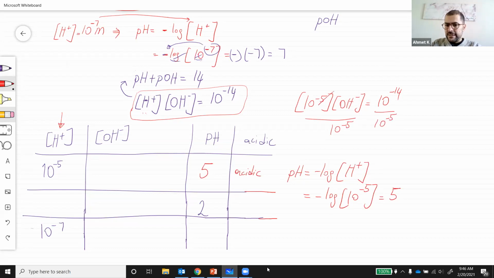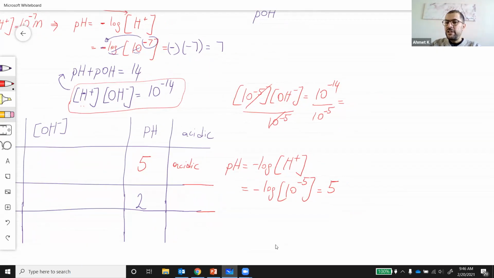Now I can cancel this out and find the OH concentration. What's the OH concentration then? If you have the same base, you can subtract the exponents whenever you have a division like that. So 10 to the negative 14 minus 5 is equal to 10 to the negative 9, right?